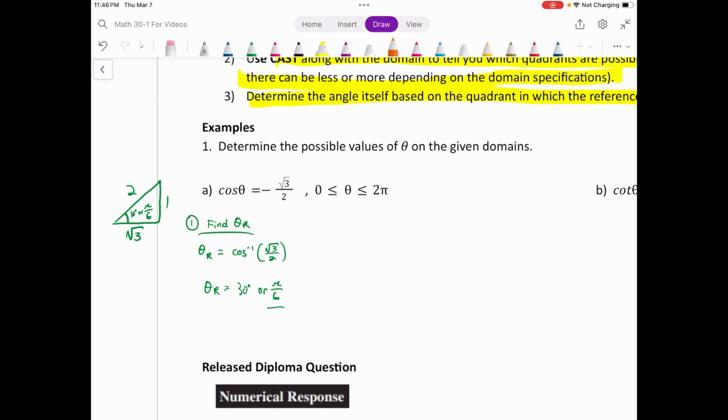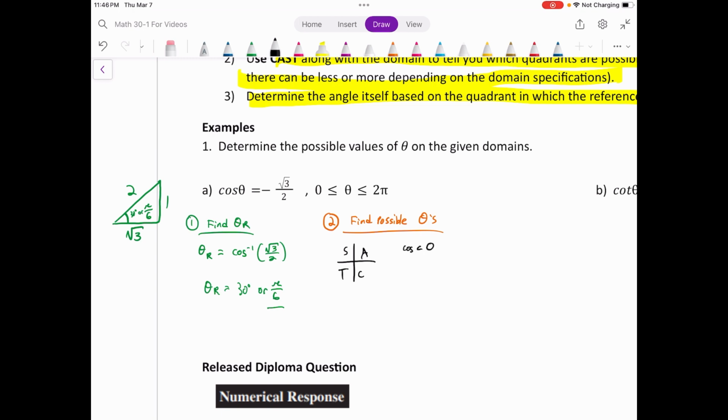So next up, what angles have a reference angle of pi over 6? Now there's 4, of course, because there's 1 in each quadrant. However, CAST can narrow it down for us. So let's now use CAST to think about where cos theta would be negative, because cos theta here is negative root 3 over 2.